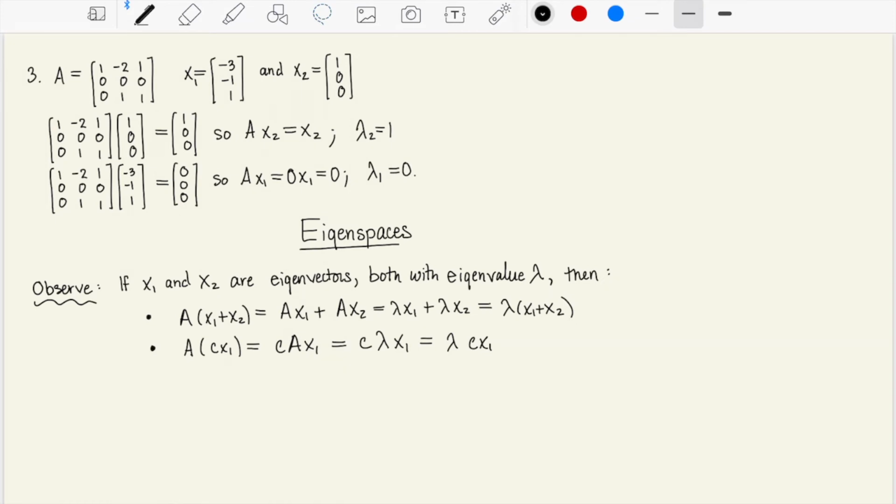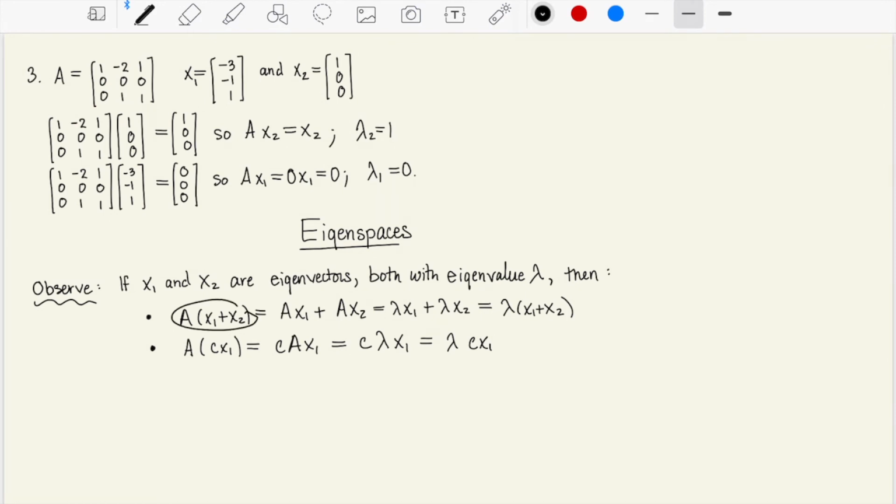Related to the notion of an eigenvector and an eigenvalue is an eigenspace. So this is going to be a vector space that's related to these objects. So let's observe something. If x1 and x2 are eigenvectors, and both of them have the same eigenvalue lambda, so not like these previous examples where the vectors had different eigenvalues, but suppose you had two that did have the same eigenvalue, then you could add them together and take A of x1 plus x2.